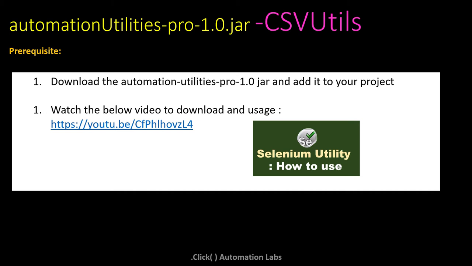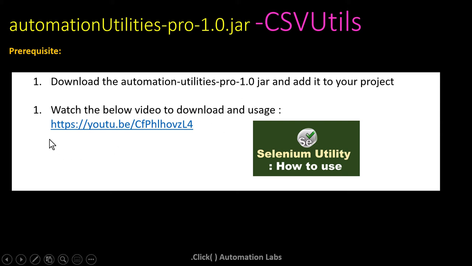Before jumping onto how to work with this, first let us have a look at how we configure this in your project. I pretty much covered this in the very first session of this utilities YouTube series. If you go through that video, it will give you an overview of how to download the Automation Utilities Pro 1.0.jar and how you can add it to your project.